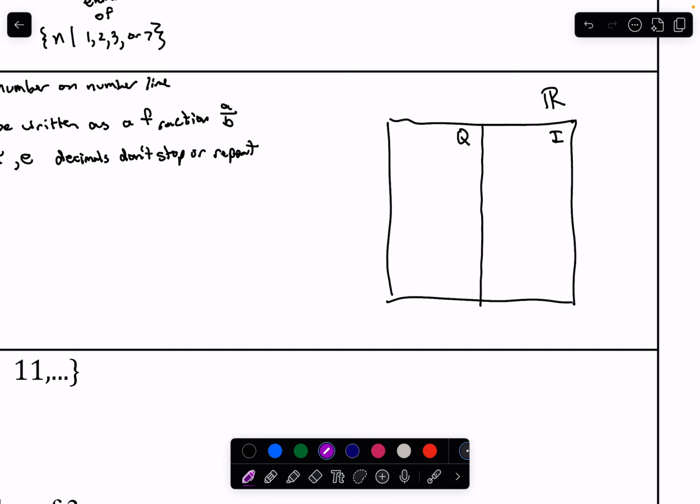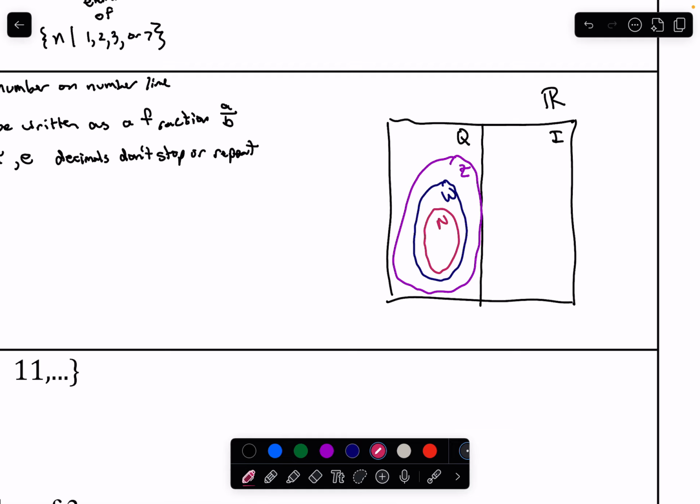But Q's we can classify even more. The way that you're going to classify it even more is you are going to think about, are they integers? That's our next set. Can those be classified next as whole numbers? And the most specific are counting numbers or natural numbers.